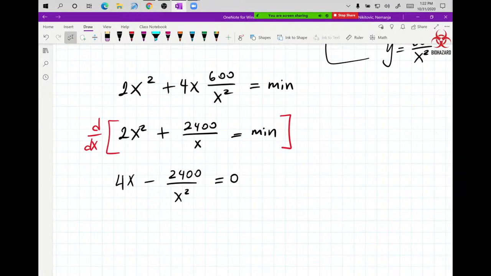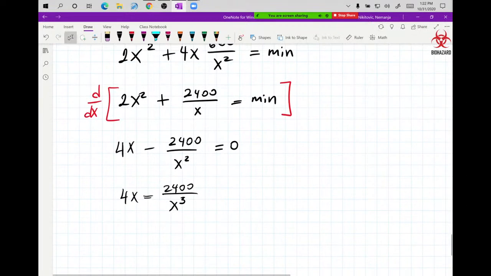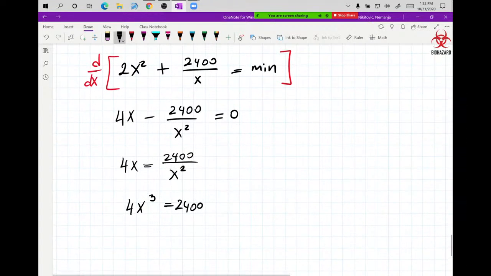This equation is very easy because you just move the negative fraction to the right, and it becomes a positive fraction. Then you cross multiply. That's a square. That's a cube. Divide both sides by 4.